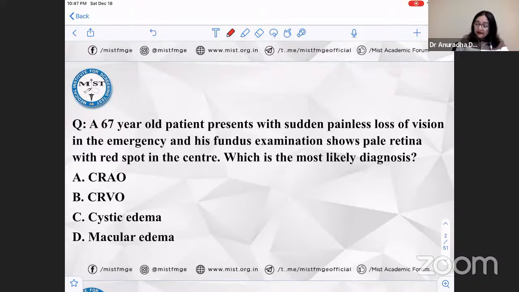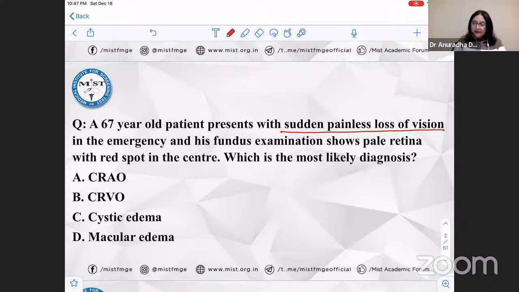One was the sudden painless loss of vision. Now this is very important. Sudden, so something which has happened, that is why the patient came to the emergency. Painless loss of vision usually is associated with the retina diseases. And then the findings in the fundus are very, very classical. They are the keywords which will help you clinch the diagnosis.